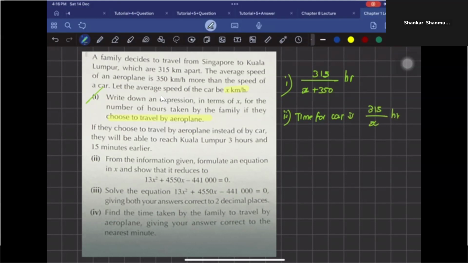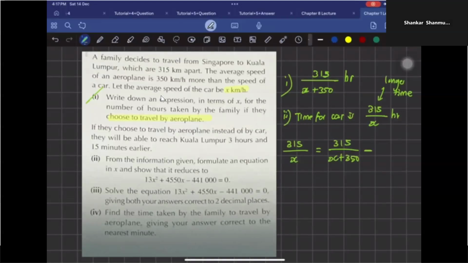So if they took the plane, this is longer, right? Longer time. So the time taken for the plane is actually 3 hours and 15 minutes faster. So it will be 315 over x plus 350 and you minus off the time that it is faster by.